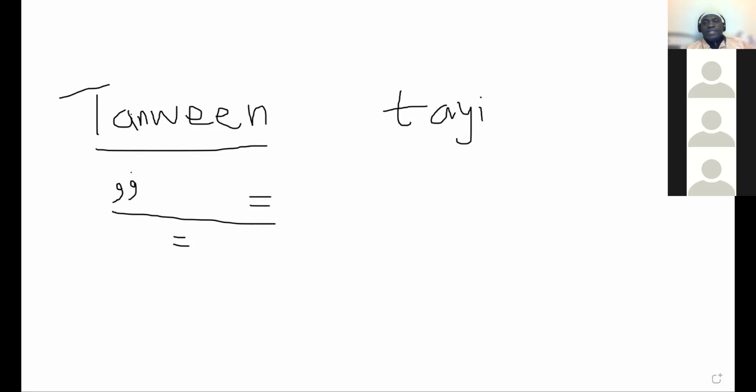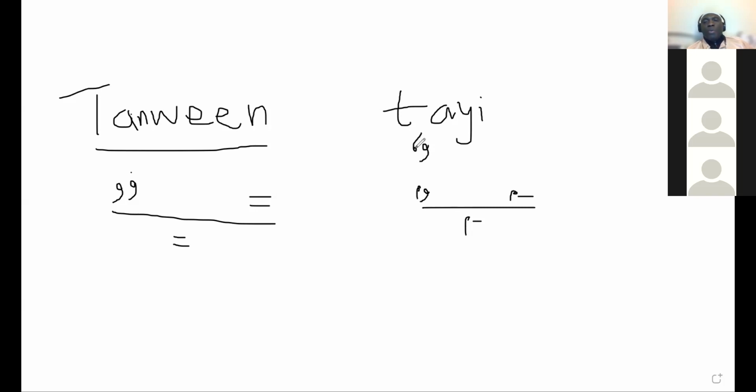Okay. In some cases, you find it like fathatain like this, kasratain like this, and dammatain like this. Are we together? And in some cases, this dammatain can also be like this.